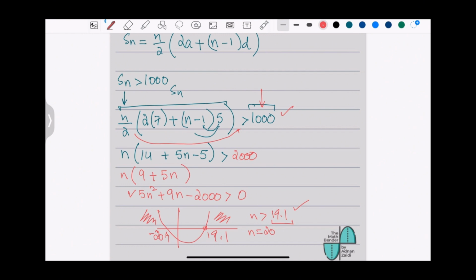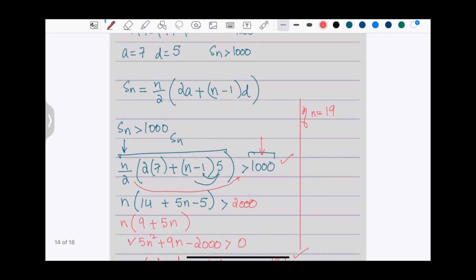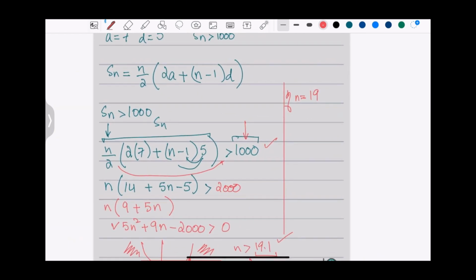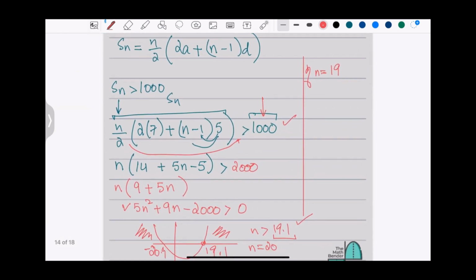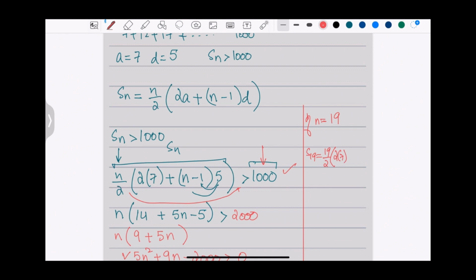Either it will be less. So if you test it, if n is equal to 19, you will observe that the sum of this series is going to be less than 1000. So S19, let's find it out. 19 over 2, 2 times 7 plus 19 minus 1 is 18, 18 times d, which is 5.